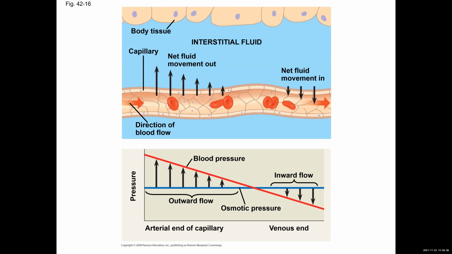As we go along the length of the capillary, we have the highest blood pressure at this arterial end. The graph below is showing what's happening with blood pressure. Blood pressure is going to be going down. If we're pushing fluid out at this left-hand end, then we're going to be accumulating fluid in this interstitial space. That means it's going to flow back in. So we have a lower blood pressure at the venous end of the capillary, and that's going to suck fluid in.